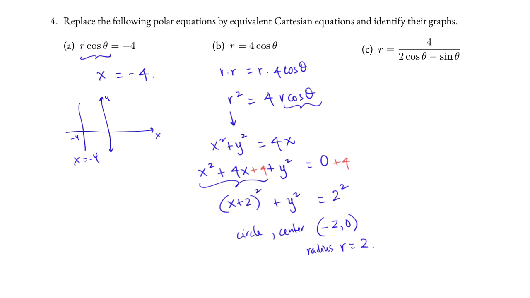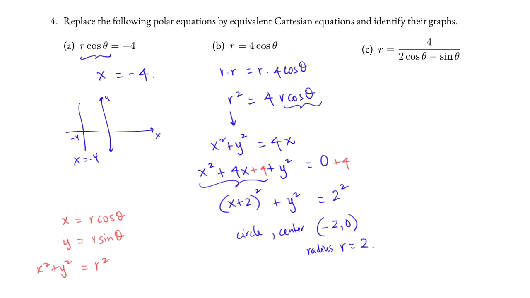Notice that to obtain r squared, we can square both sides of this equation. The left-hand side gives us r squared, which is x squared plus y squared. But on the right-hand side, we end up with 16 cosine squared theta, which is not useful for the purpose of replacing polar with rectangular coordinates, because x is r cosine theta, y is r sine theta, and x squared plus y squared equals r squared.